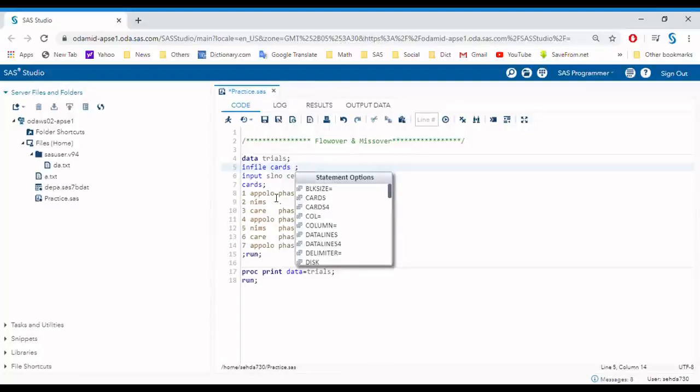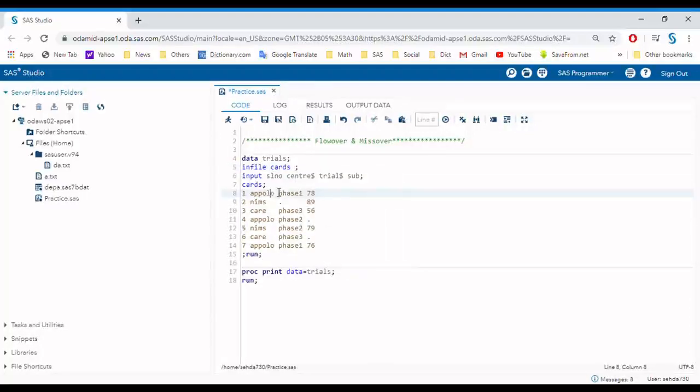So how will SAS read the lines? Let's say there are 4 variables: serial number, center, trials, and sub. SAS reads the data line by line. For the first variable it will read 1, for the second variable Apollo, for the third variable trials phase 1, and for the fourth variable sub it will read 78.